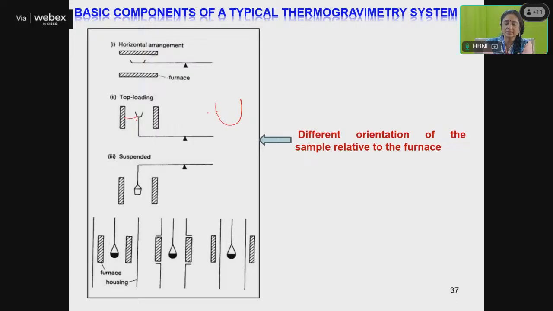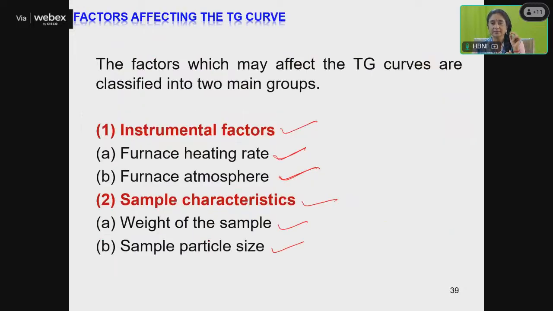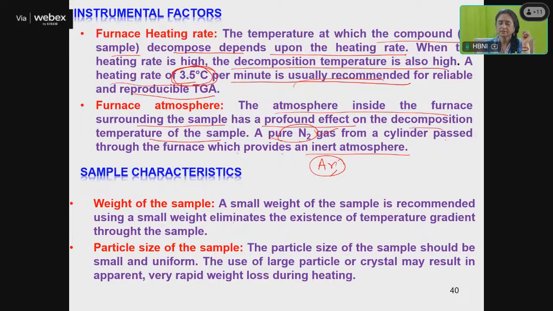When your furnace is heating your sample, the side of the sample will be heated very fast, and inside it will be a cooler zone. So the sample has to be very, very small, and typically 1 milligram of sample is taken. So a small weight of the sample is recommended. Using a small weight eliminates the existence of temperature gradient through the sample.